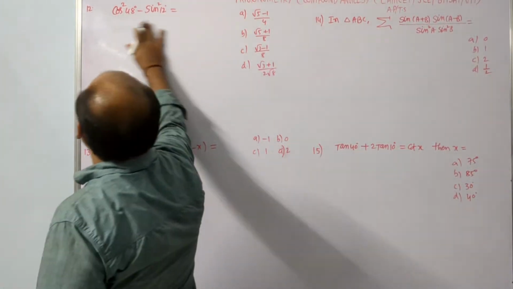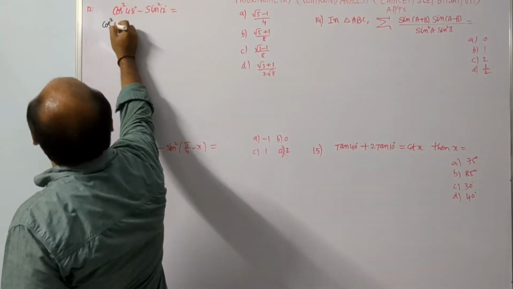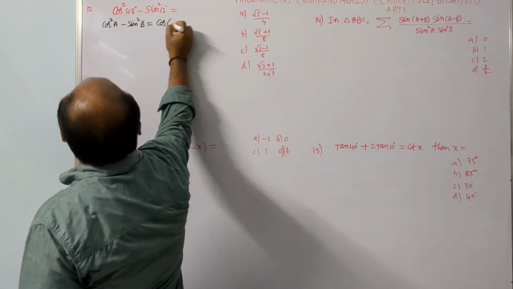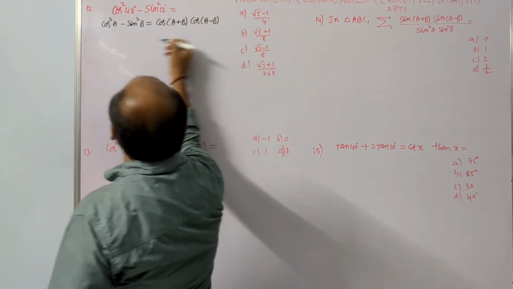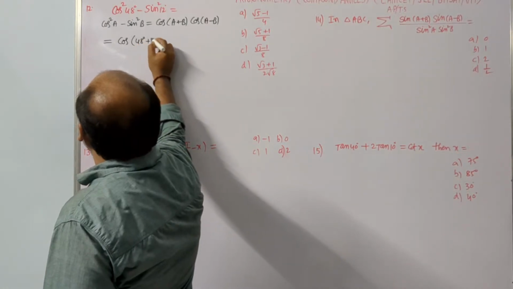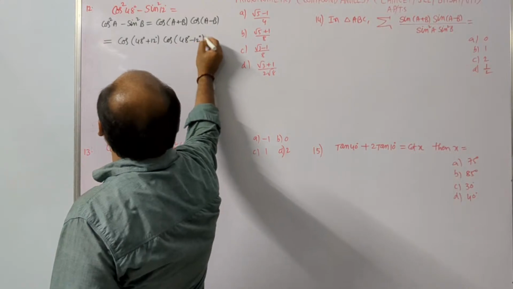Question number 12. Cos square 48 minus sin square 12. Cos square A minus sin square B is equal to cos of A plus B into cos of A minus B, dear students. So cos of 48 degrees plus 12 degrees, cos of 48 minus 12 degrees.